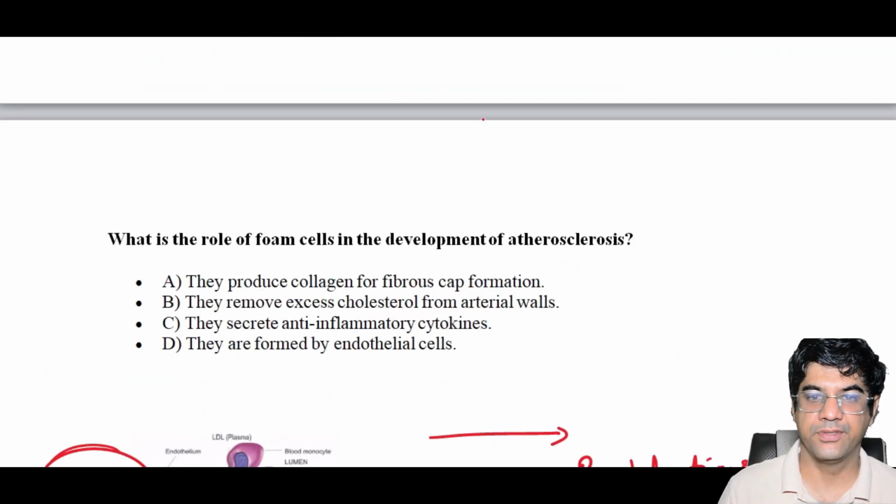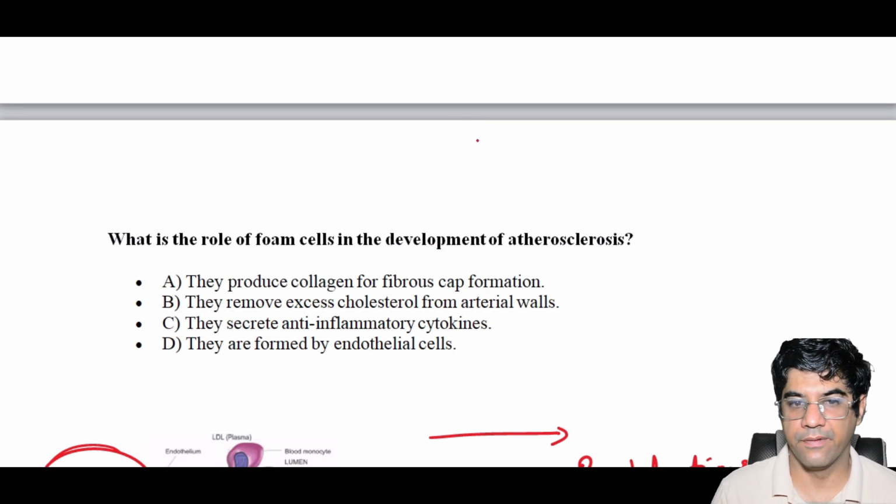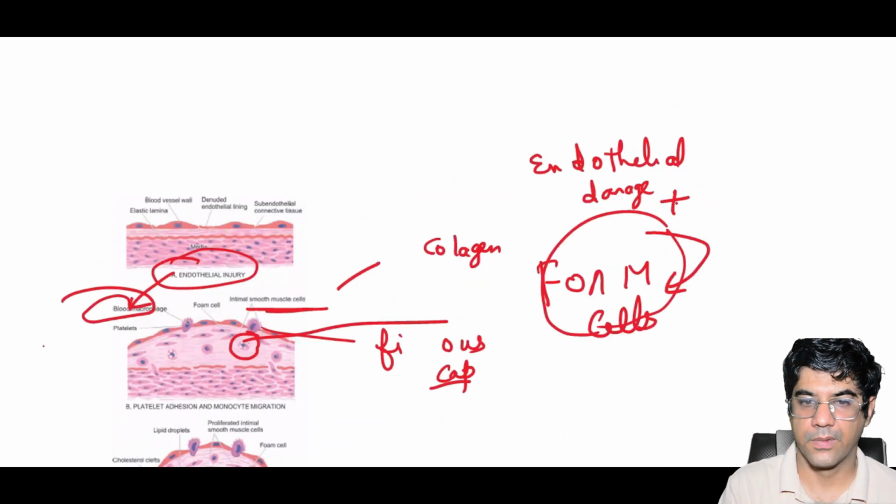So here is the question, what is the role of foam cells in development of atherosclerosis? So the answer is B. Foam cells are macrophages that have engulfed oxidized LDL cholesterol particles in the arterial intima.